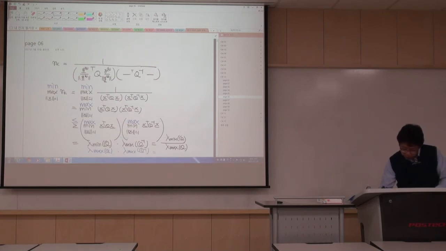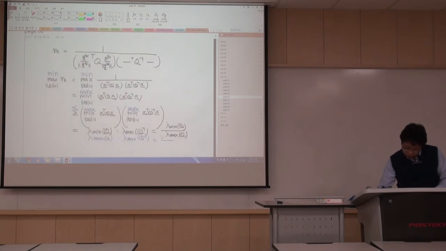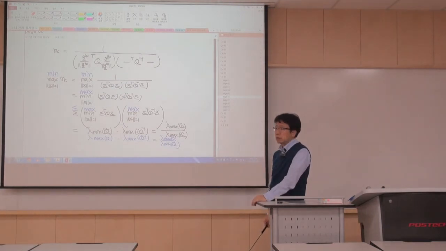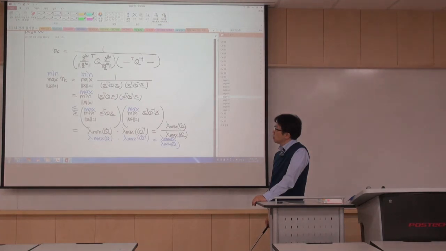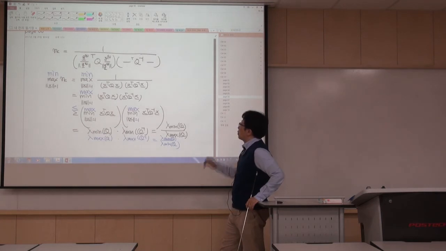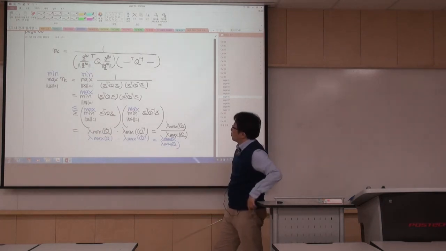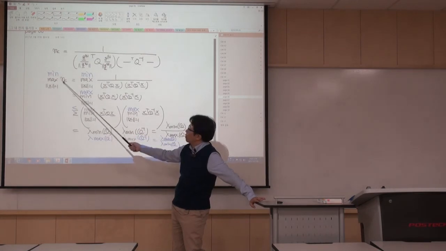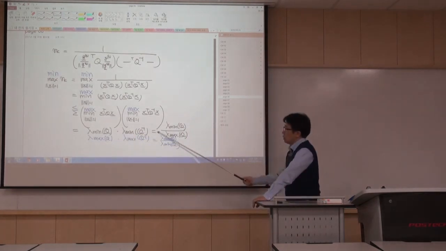And this becomes lambda max of Q divided by lambda min of Q. Got it? Okay. Now what can we say? The minimum of gamma sub k is greater than this one.